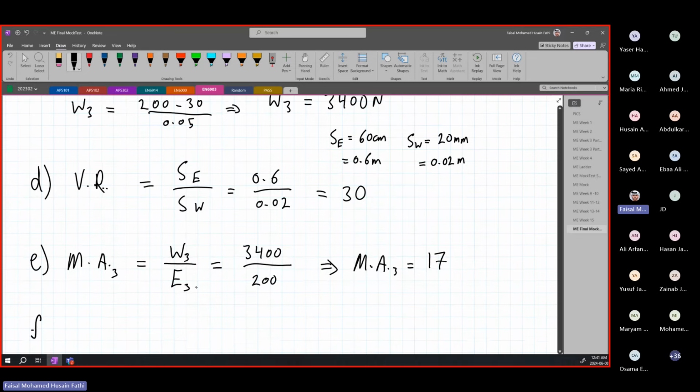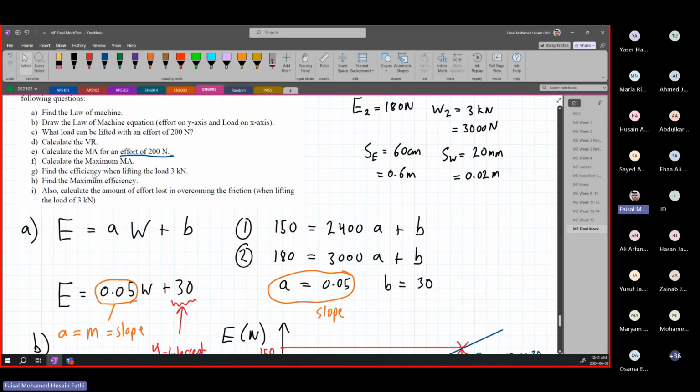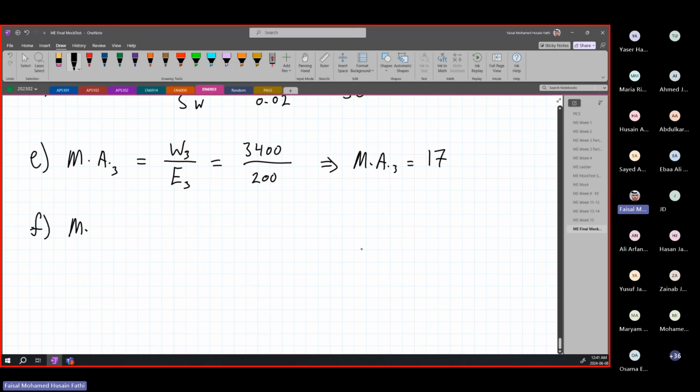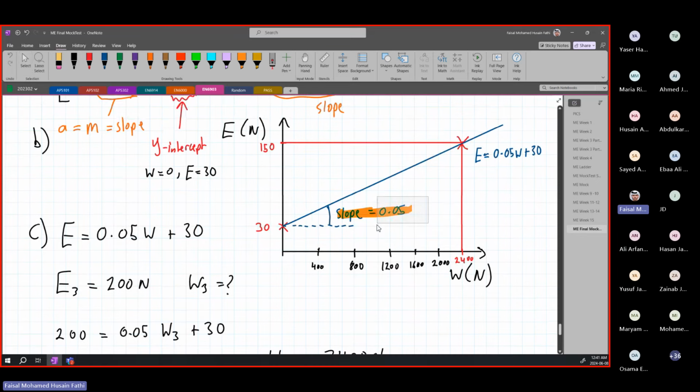Let's look at part F. Part F is asking for the maximum mechanical advantage. Very simply, MA max is equal to 1 over the slope of your law of machine, or in other words, 1 over M or 1 over A. The slope is the value that we found early on, this 0.05.